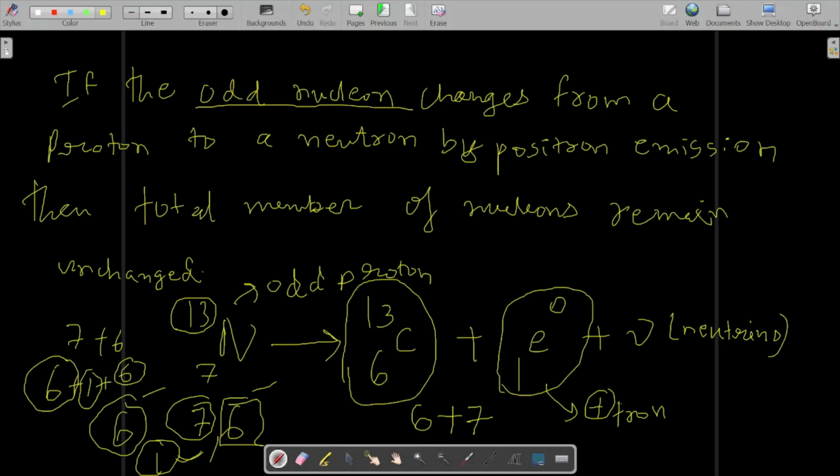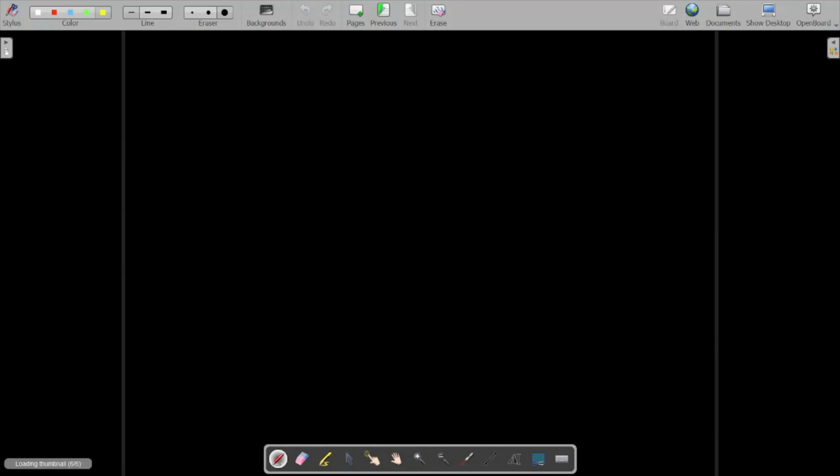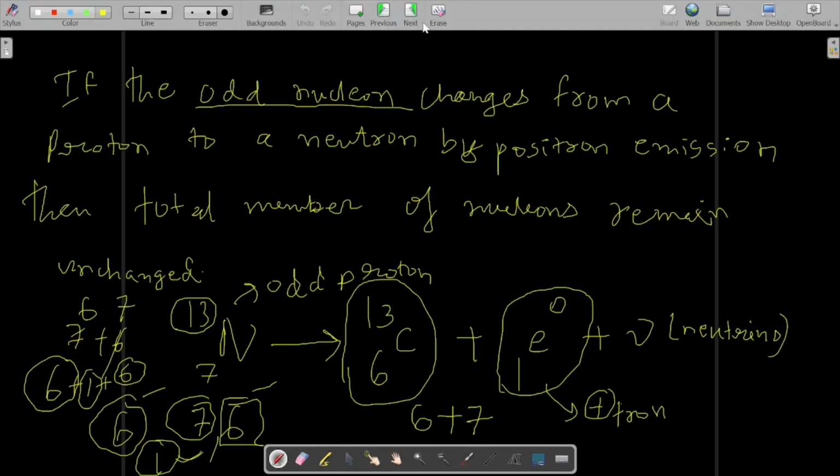So the 7 and 6 situation becomes a 6 and 7 situation. One neutrino is also emitted. When you study beta decay, you will understand all these things in the upcoming classes.